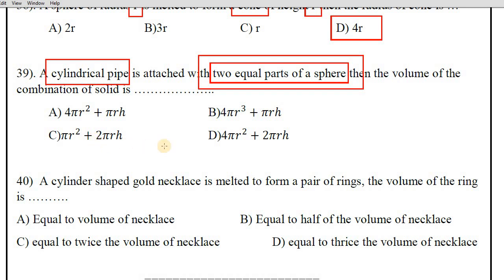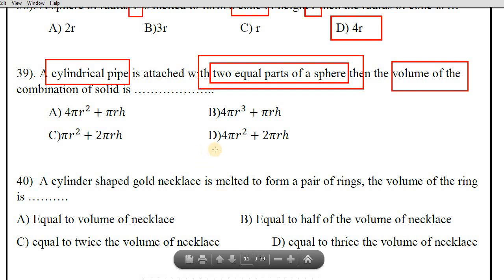But here they made a mistake. They asked to find the volume of the combination. But if you see the options, all formulas are related to surface area of cylinder and surface area of sphere. So when two hemispheres are attached to the cylinder, to find the surface area of that combination, we wanted to use CSA of hemisphere and CSA of cylinder.